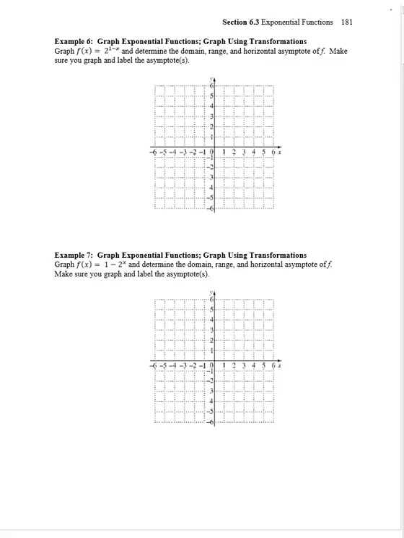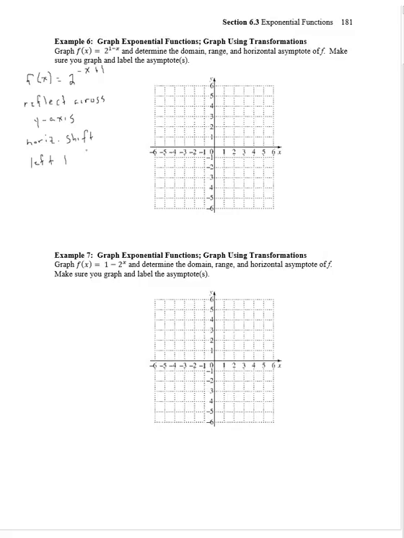So if we rewrite that as f of x equals 2 to the negative x plus 1, you can see we reflect across the y-axis, and we have a horizontal shift left 1.